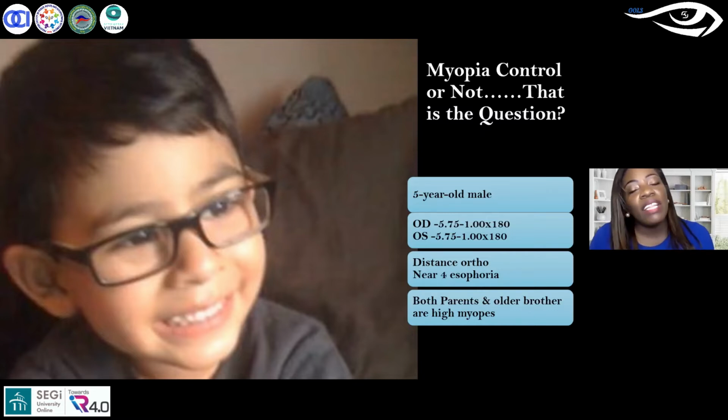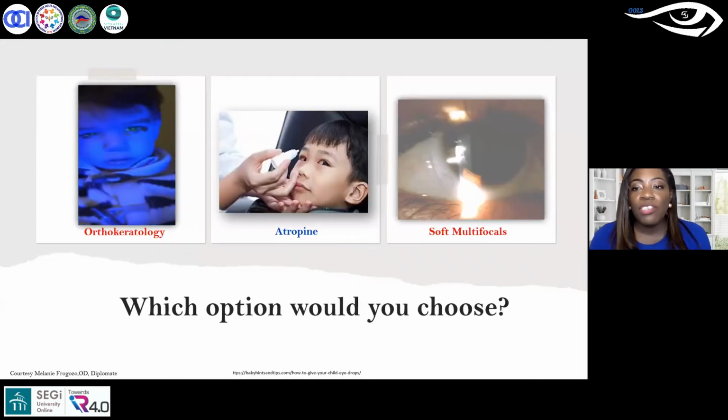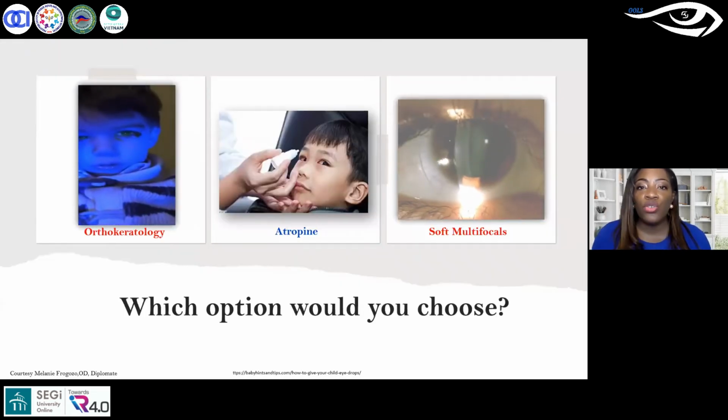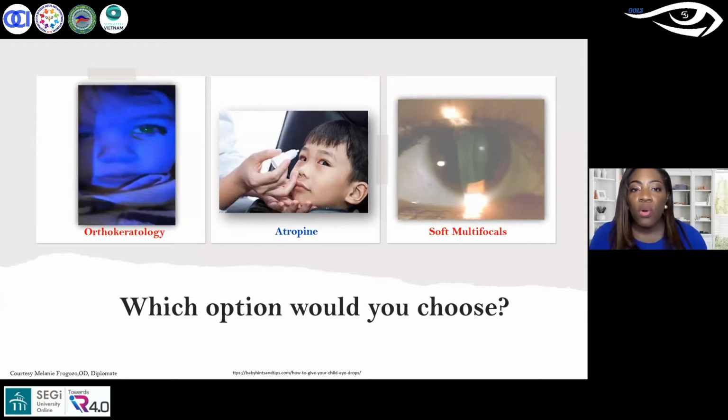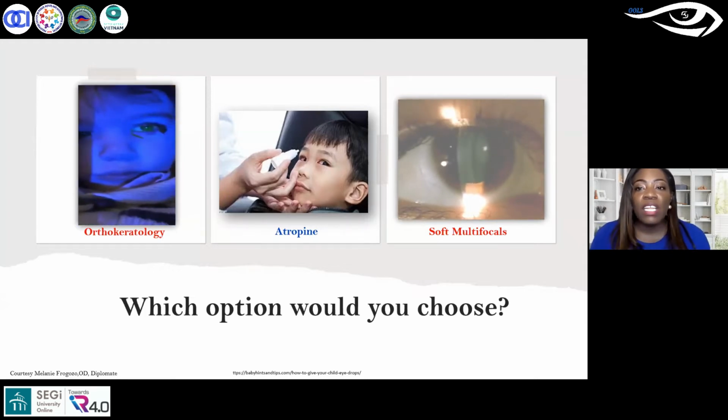But what can be challenging today in making the decision is which option we would choose for a patient like this one. So we're going to pull up a poll, and I want you to take a look and decide based on that patient. Remember, he was a 5-year-old. He had almost 6 diopters of myopia, and both parents had myopia.